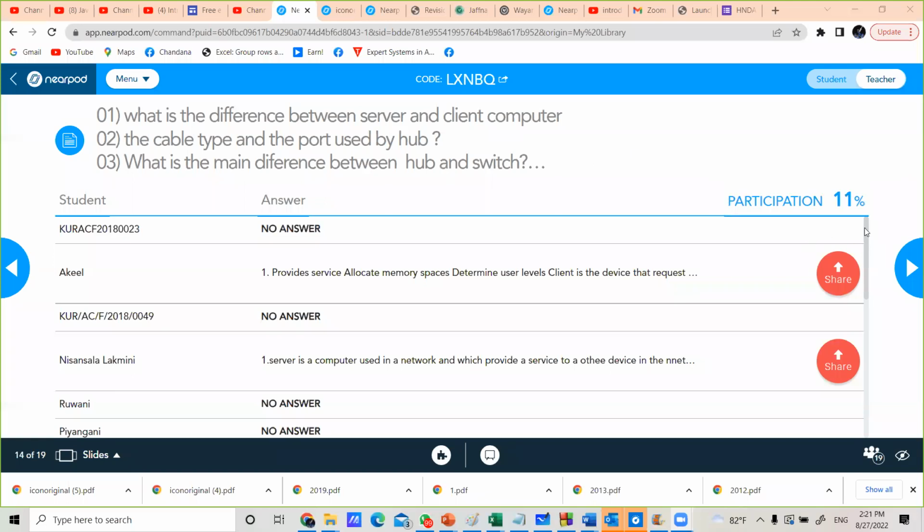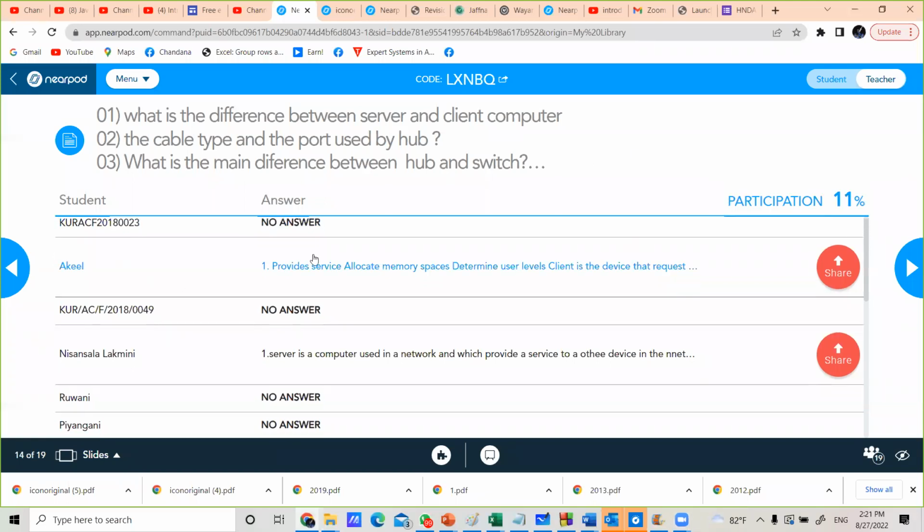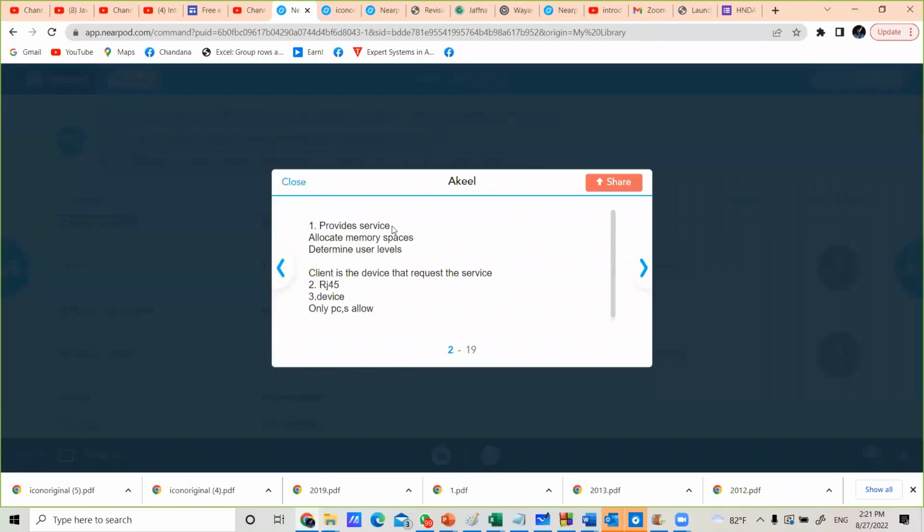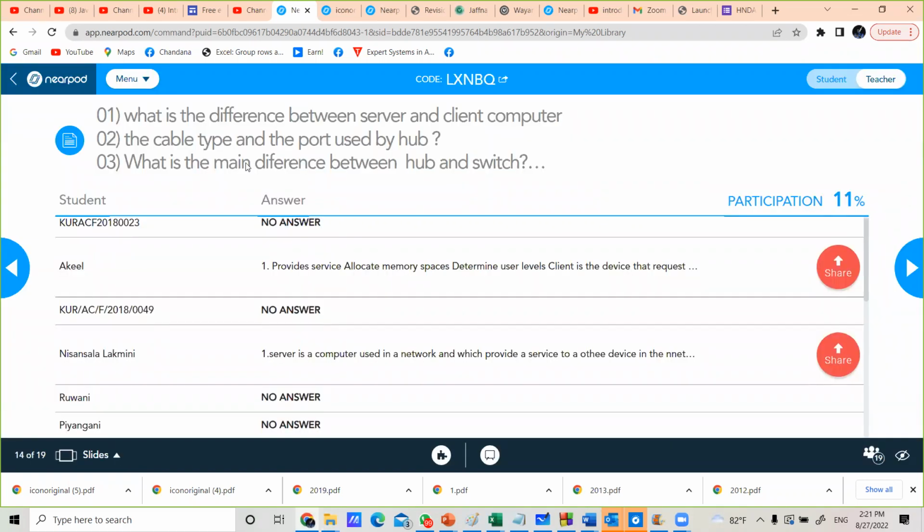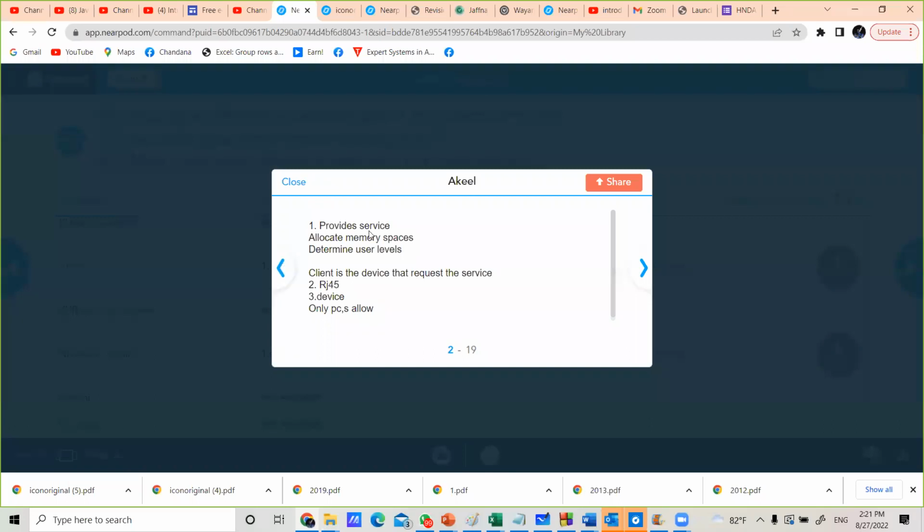Right, here are some answers. Look at Akil's answers. Provide services like allocate memory space and determine user level. Yes. What's the question? Difference between server and client. The question asks for the simple difference, not only the services.